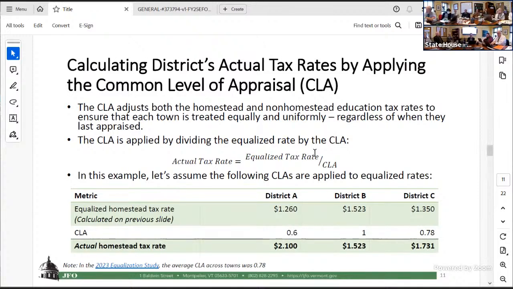So we can see that when applying the CLA to the equalized rate, District B does not need its rate to change because they're 100% at fair market value. And then we can see District C and District A have their equalized rates increased to ensure that those districts are paying their fair share to the education fund.